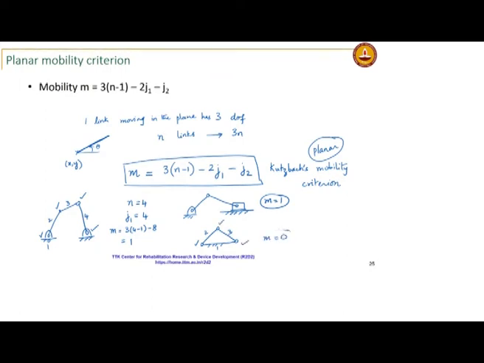I get 0. Mobility equal to 0 for this mechanism implies that it is a structure, so the links cannot move with respect to one another. That is why for a ternary link, even if I just indicate it as 3 links, it does not matter, because it is already a structure, there can be no relative motion between the links. But it is good practice for you to either shade it or use the welds.